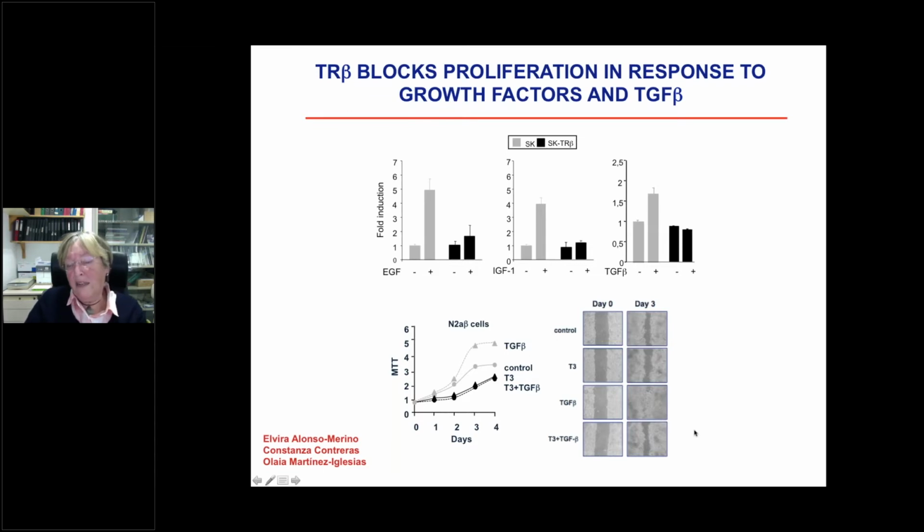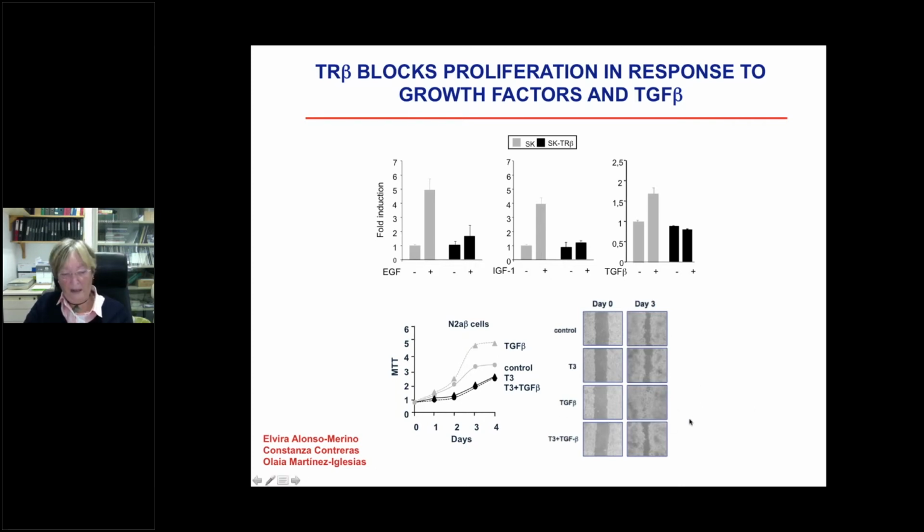I will not go into this today, but we have analyzed the transcriptional mechanism by which the thyroid hormone receptor is able to repress TGF-beta dependent transcription, and we have seen that there is a direct interaction between the thyroid hormone receptors and the SMAD transcription factors that mediate the effect of TGF-beta in transcription, and this leads to repression of the SMAD dependent target genes.